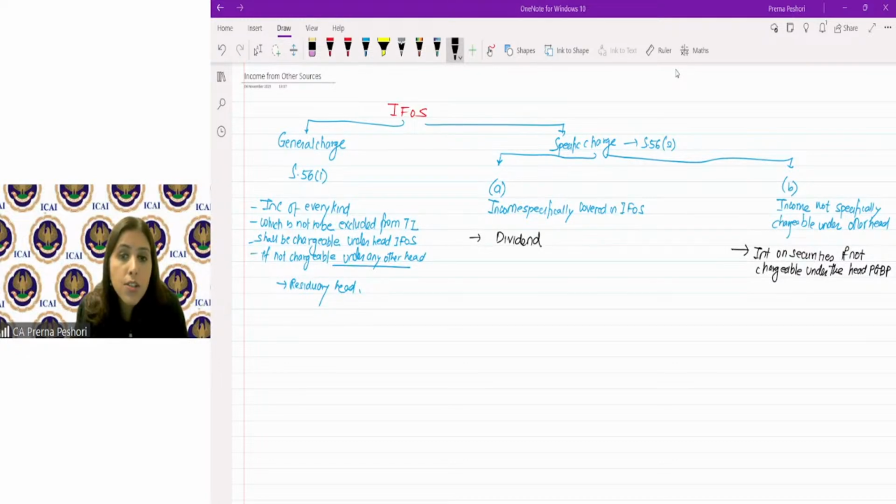Interest on surplus amount out of the borrowed funds, whether it is going to be PGBP or income from other sources.